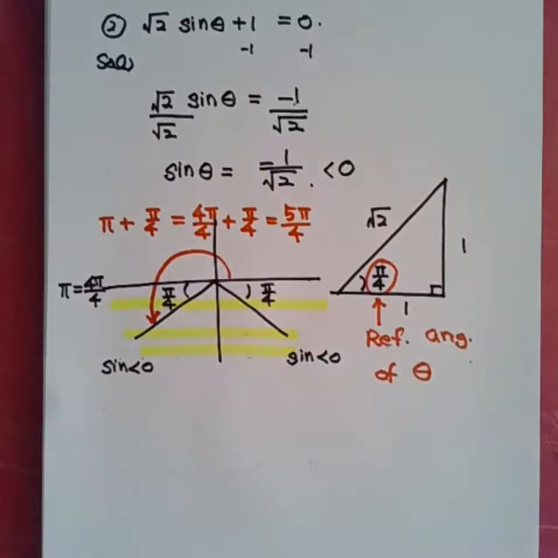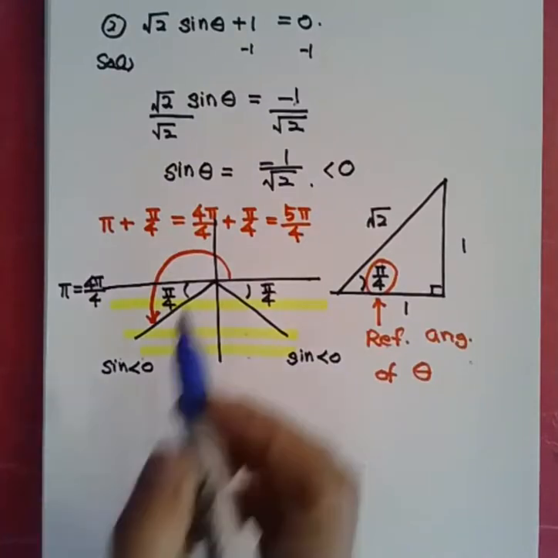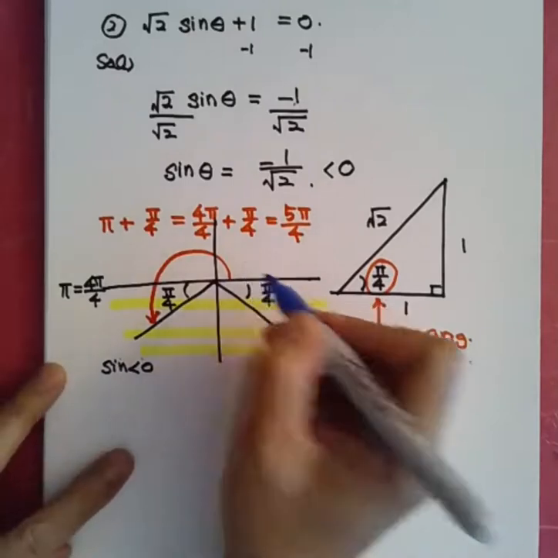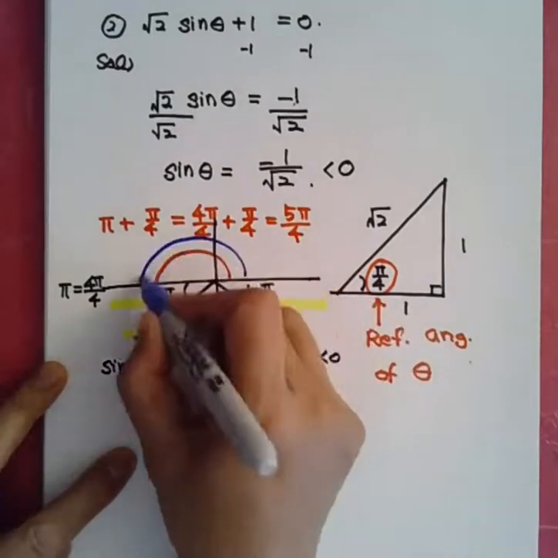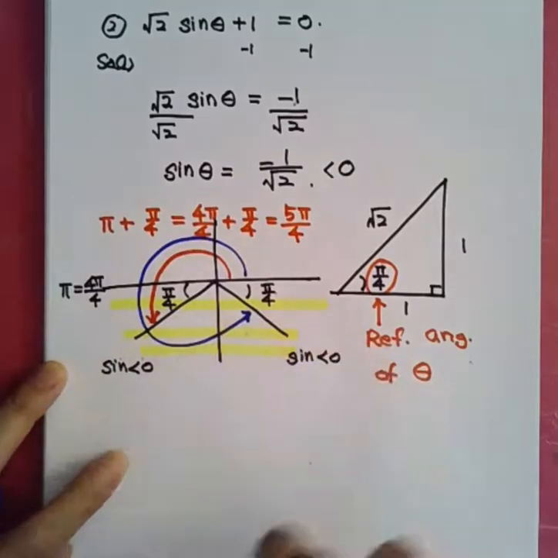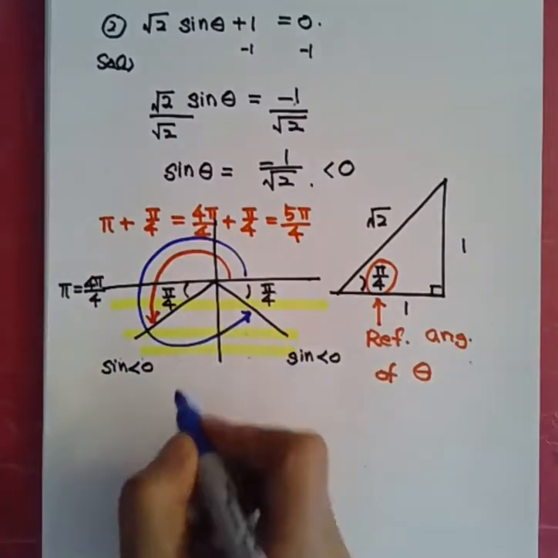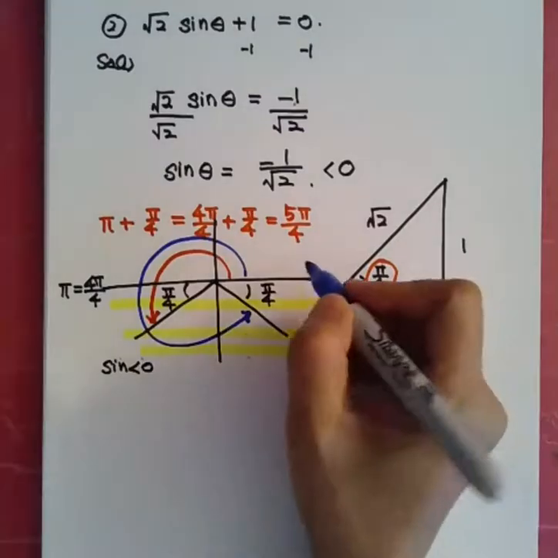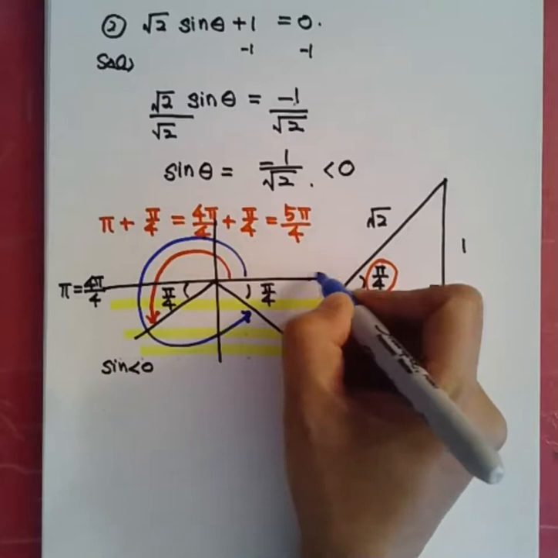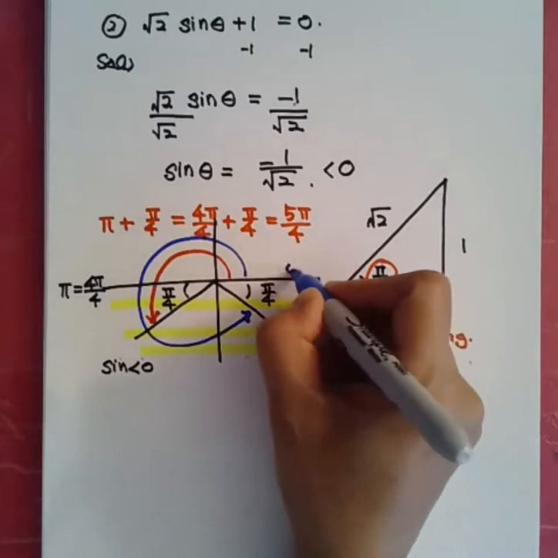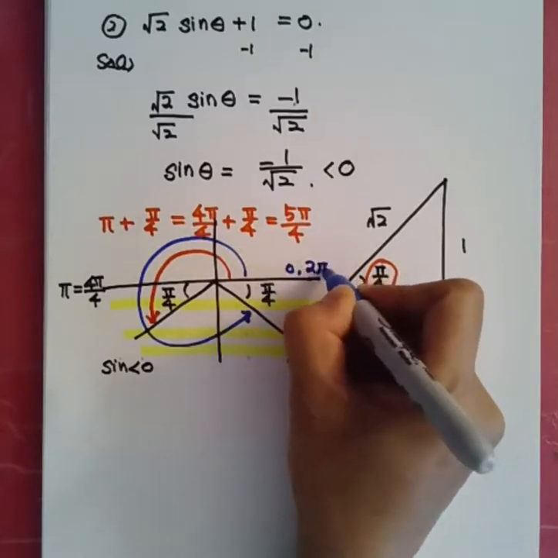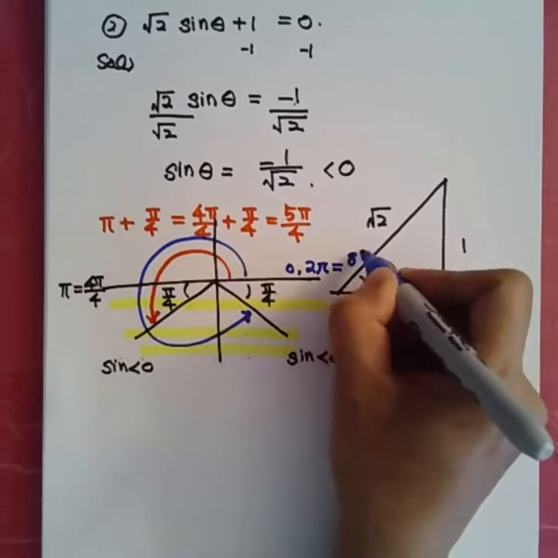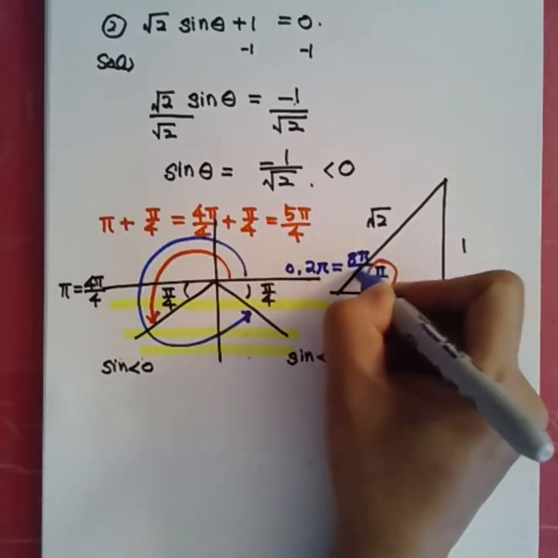This is one answer between 0 and 2 pi. The other answer will be from this angle. In this case, it is better to think about this angle. This is 0 or 2 pi. 2 pi can be written as 8 pi over 4.